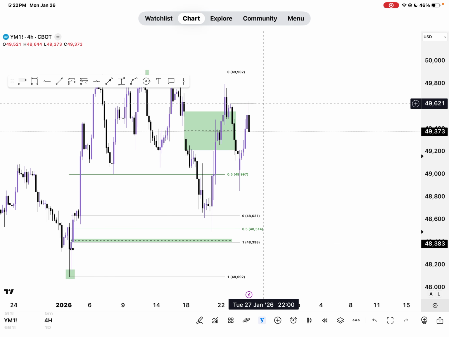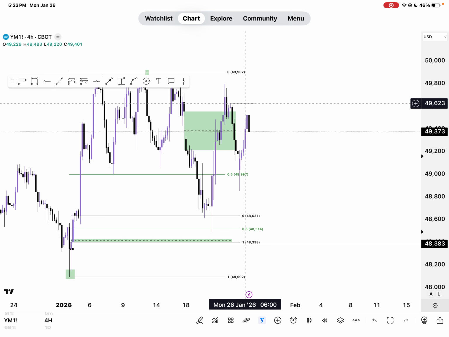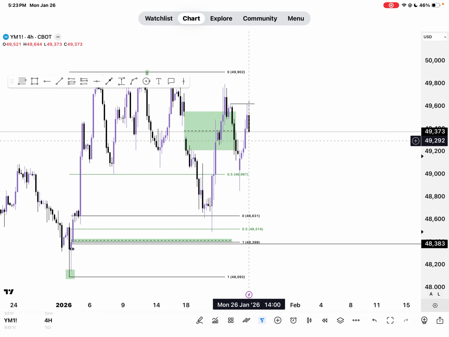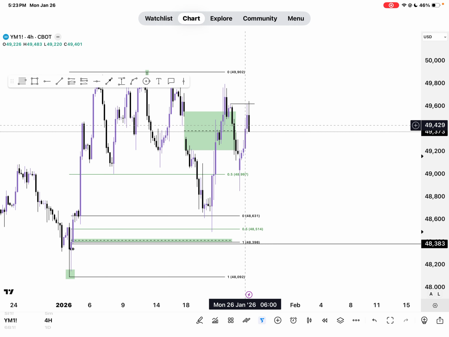This liquidity point could be a draw on liquidity, and then we could be moving lower. And if that is the case, we'll need to see where the inefficient pricing is. Immediately there is inefficient pricing here, but it's on the premium side, so it's very risky to take a trade based off the premium for buys here. But if it's aligned with the bias and this is holding true, you can take it.